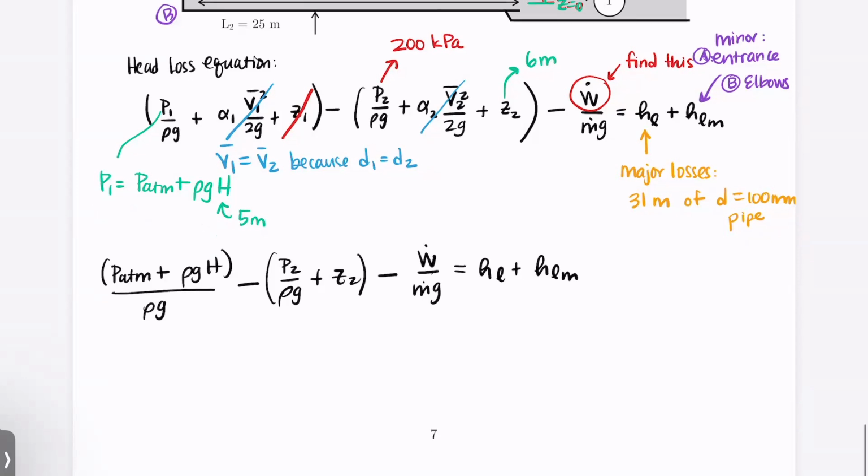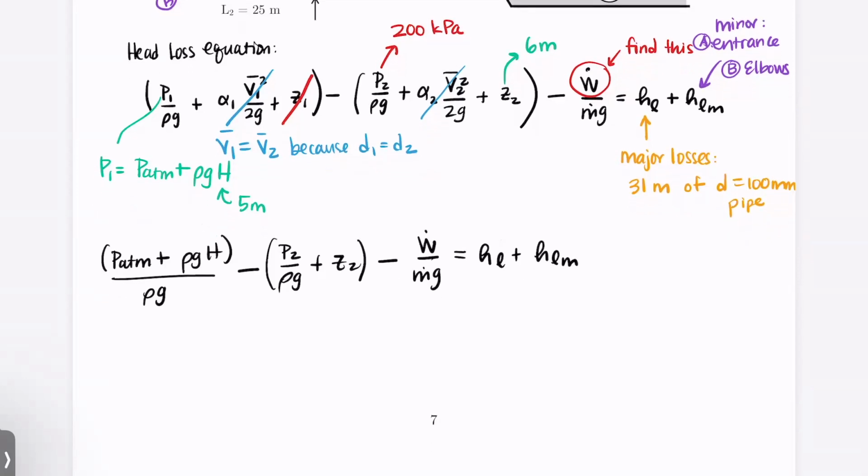Okay, so let's do our major losses first. Our equation for our major losses is that we have HL is equal to L V squared over 2 times D times the friction factor.